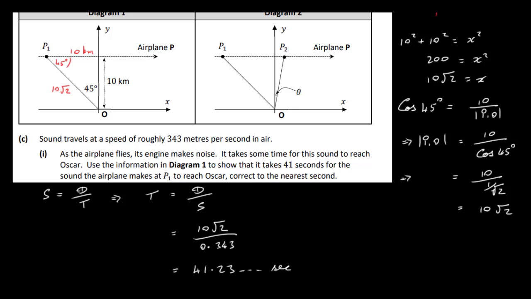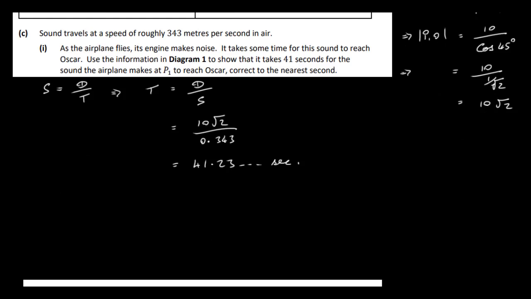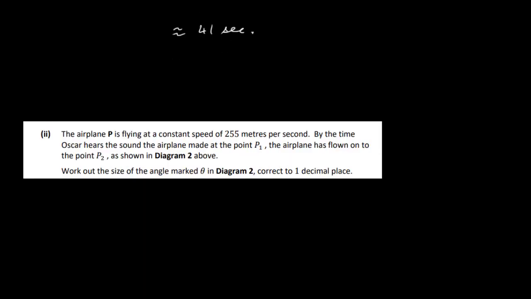Seconds, remember we're still dealing in seconds here, so to the nearest second is going to be 41 seconds. Okay, so that's all we have to do: show that it takes 41 seconds for the sound the airplane makes to reach Oscar, correct to the nearest second. So we've done that.